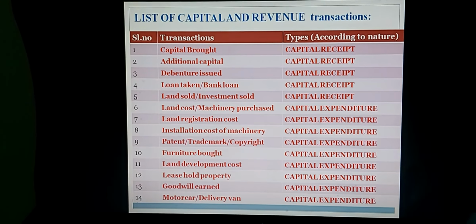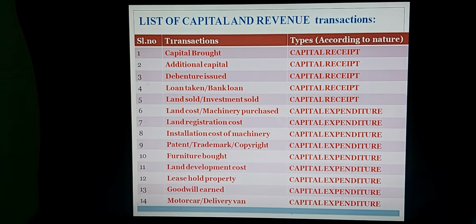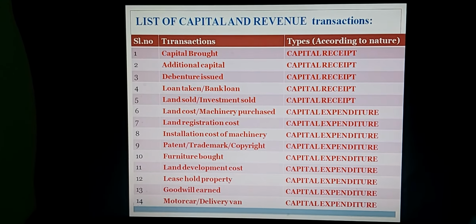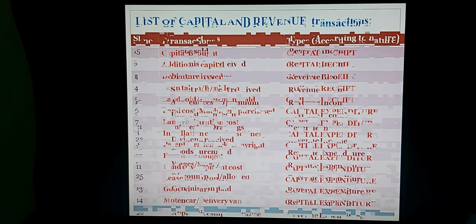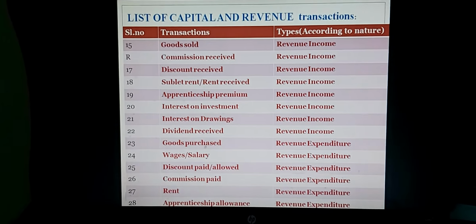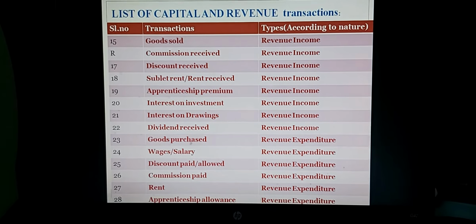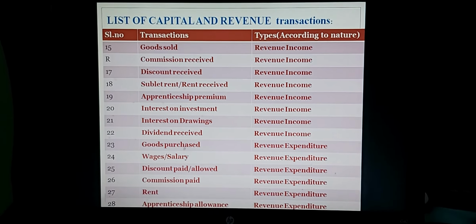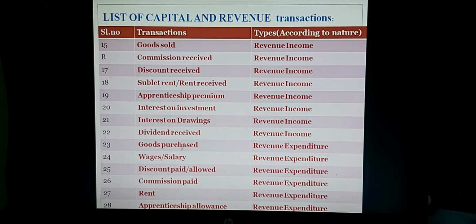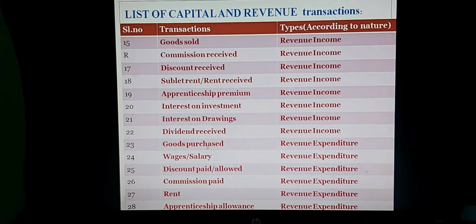Answer, capital expenditure. I think you have understood this one because these items are very easy to take into your learning procedure. Okay, we can go to the next page.